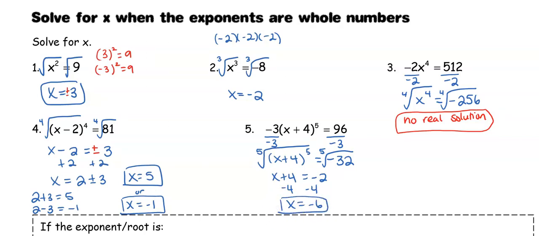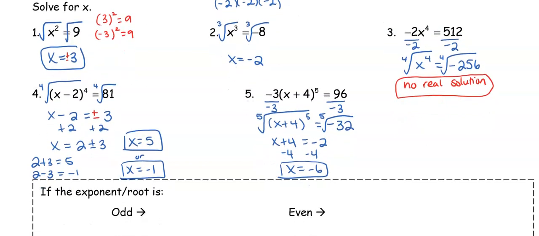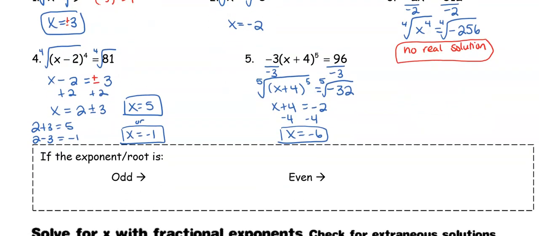All right, so let's go ahead and fill out our table, our little chart here. So just remember, if the exponent is odd, then we have one real root. And it can be positive or it can be negative. It can be either one.